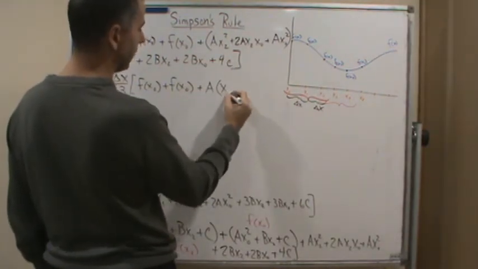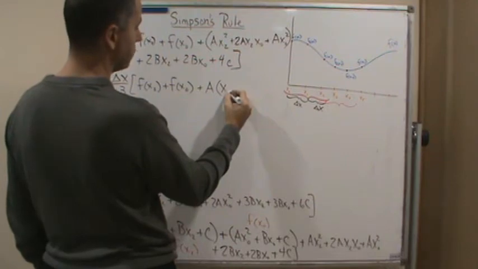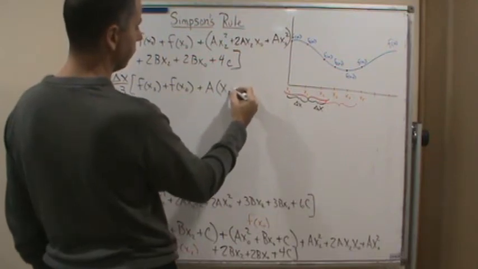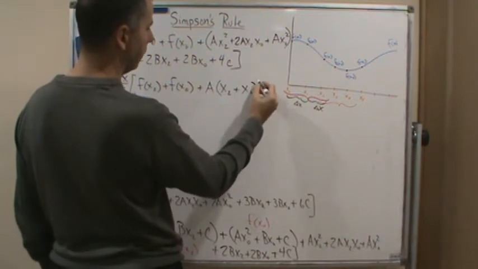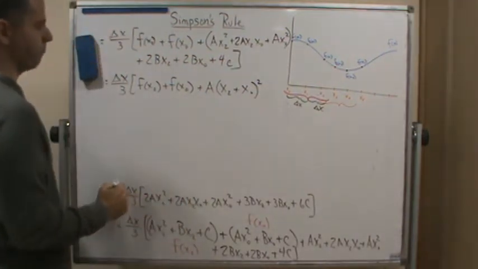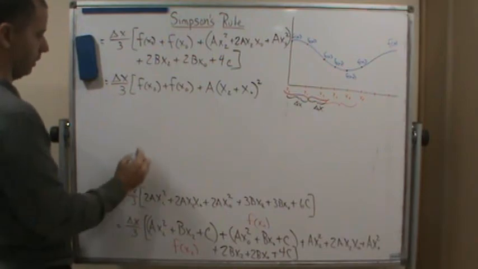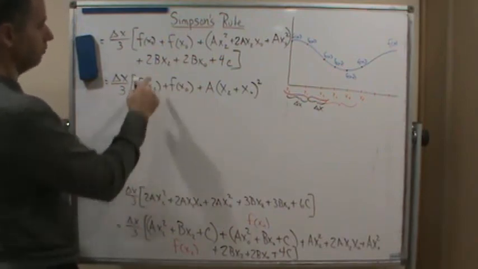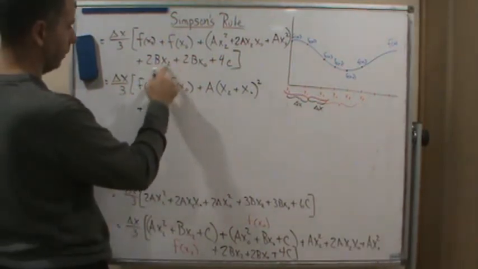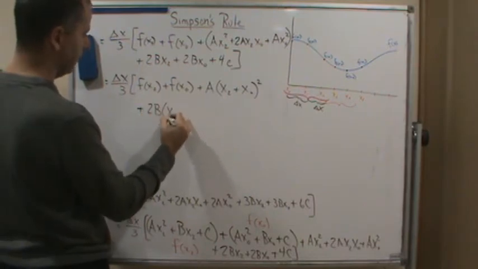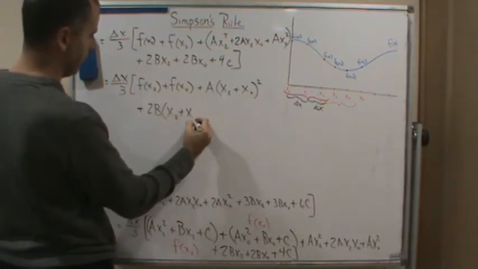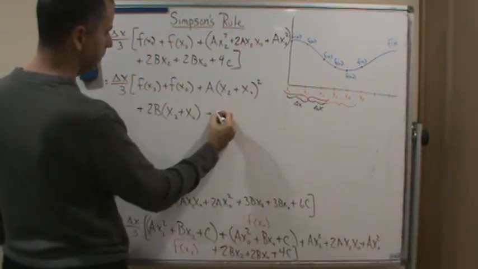It's going to be x2 plus x0 quantity squared plus, I'm going to pull the 2b out, so this is going to be 2b times x2 plus x0 plus 4c.